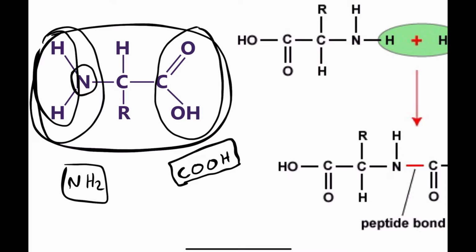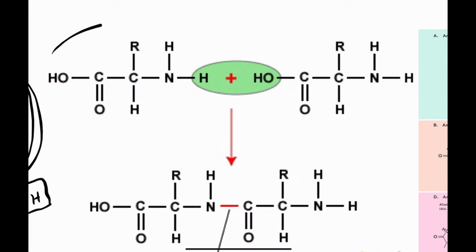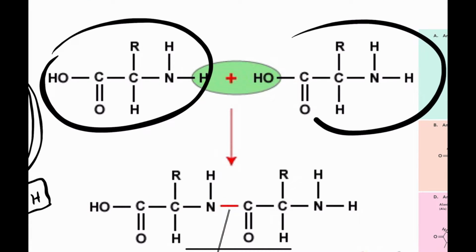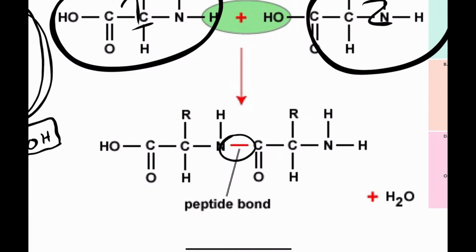So this is important because these are the two functional groups that will be involved in the reaction, or the covalent bond between amino acids. So if we go over, we can see we have two amino acids here that will bond together to form a peptide bond. And this can continue on and on into having several amino acids attached.